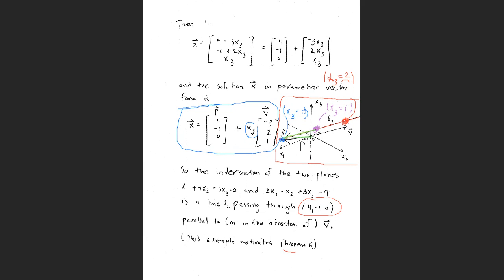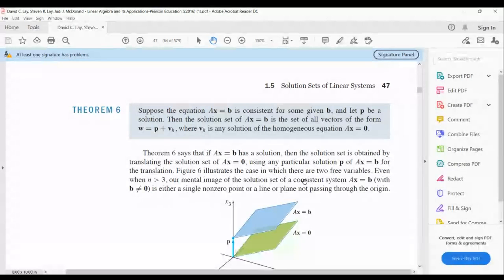Okay, so this motivates theorem 6. Let me get theorem 6 here. Theorem 6 says, suppose the equation Ax = b is consistent for some given vector b, and let the vector p be a solution.